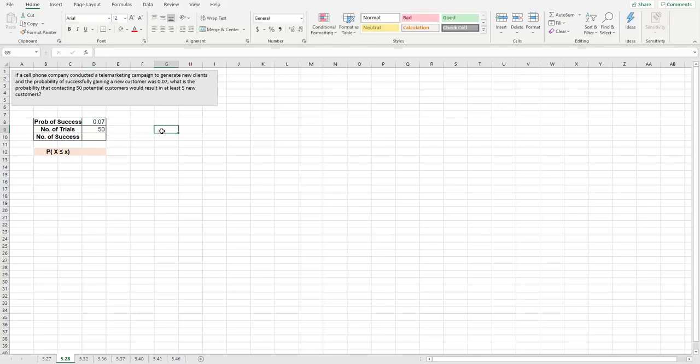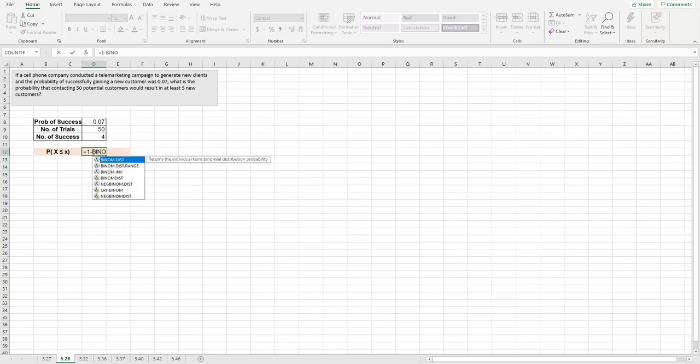Since we're looking for the probability of getting at least 5 new customers, we are looking for the probability of getting more than 4. So like in the previous question, we would keep the number of successes to be 4. Similar to the previous question, to calculate the probability of getting at least 5 new customers, which is the probability of getting more than 4 customers, we would simply subtract the probability of getting at most 4 from 1.